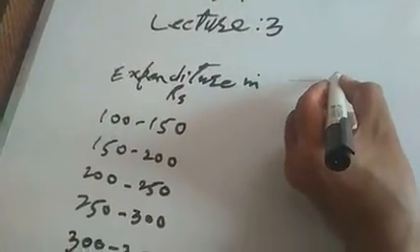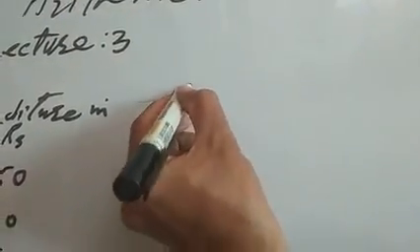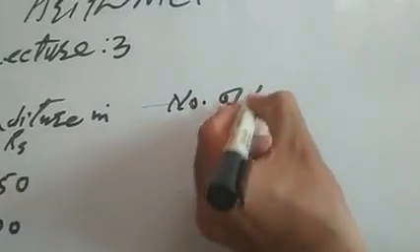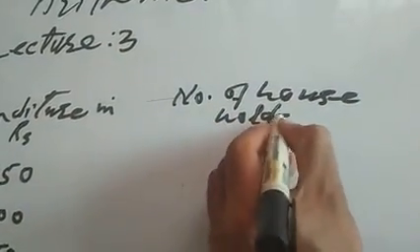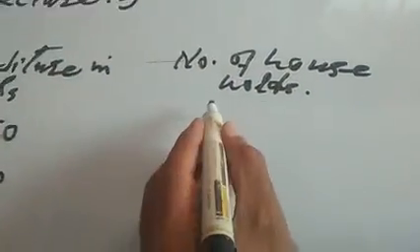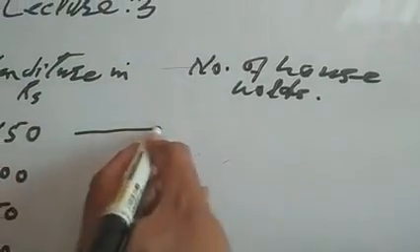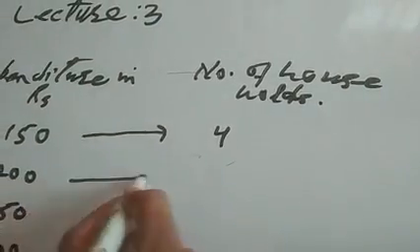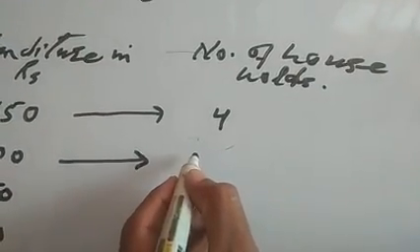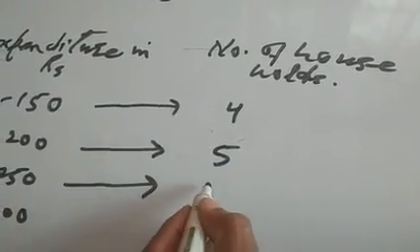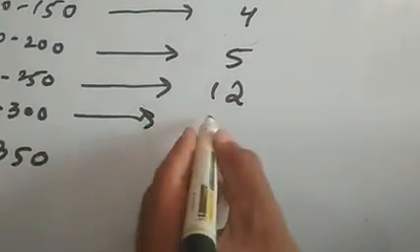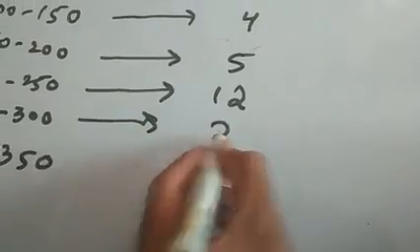Here the frequency is the number of households. It is 4 for the first interval, 5 for the next, 12 for the next, 2 for the next, and 2 for the last interval.